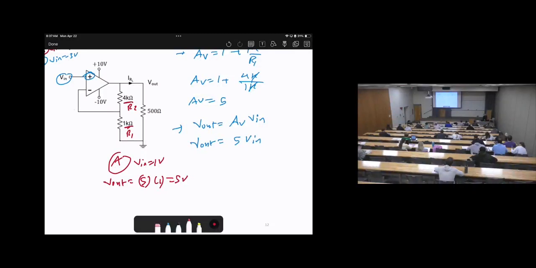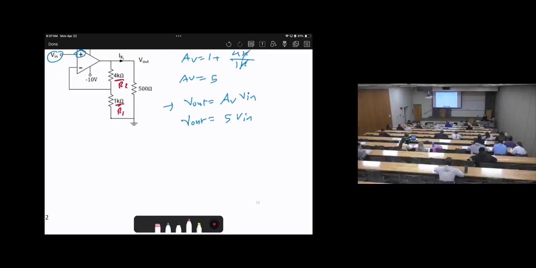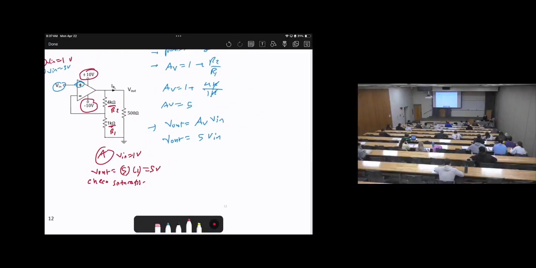Okay, what's next? Check saturation. Look at the op-amp, it is bounded between -10 and 10. So the question is, is V out bounded between -10 and 10? V out here equals 5. Is 5 between -10 and 10?